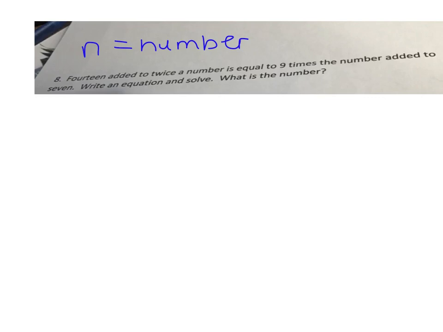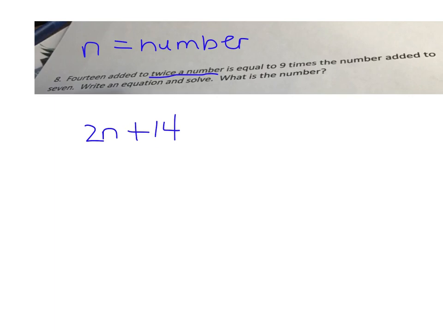Okay, so it says 14 added to twice a number. Some of you last week, in some homework you were doing, thought twice a number was squared. No, twice a number is just 2 times a number. So twice a number, and if my number is n, that's just 2n, and then added to 14. Okay, well we can either put 2n plus 14, or we could put 14 plus 2n.